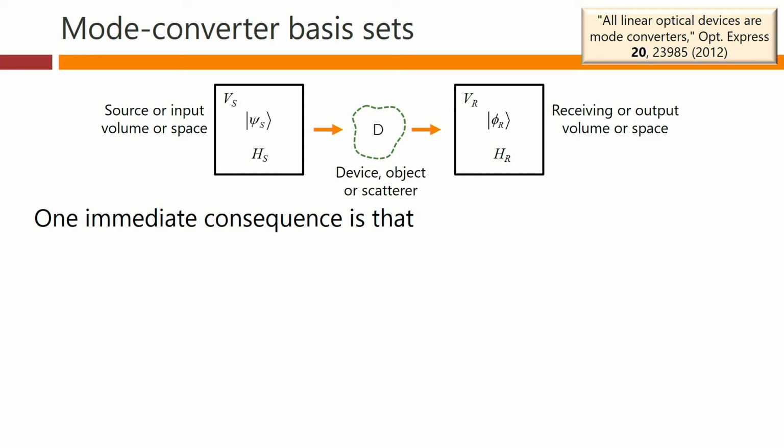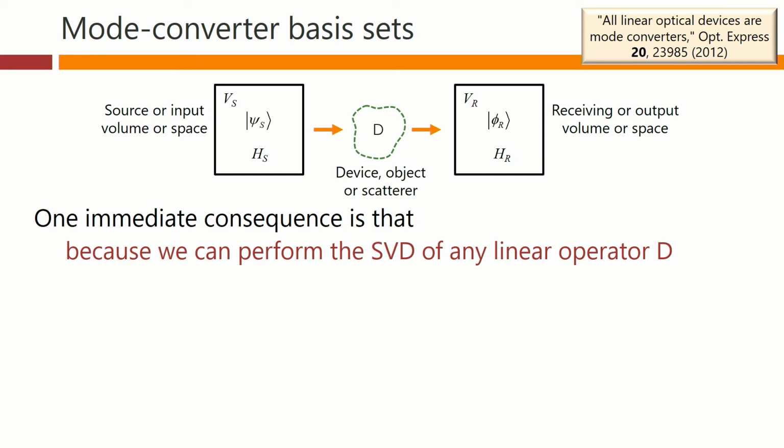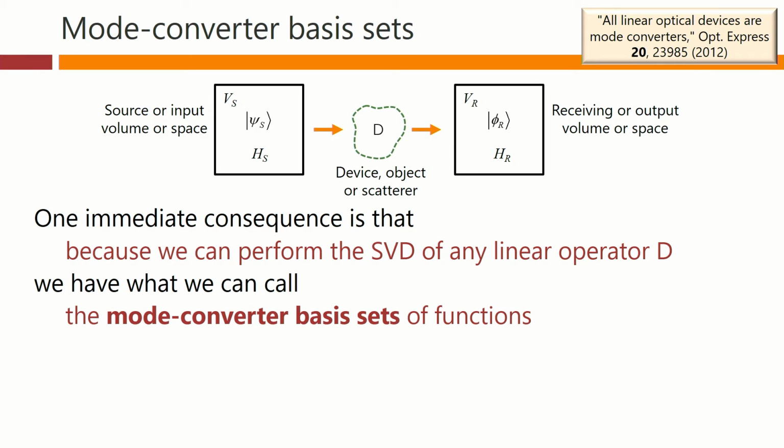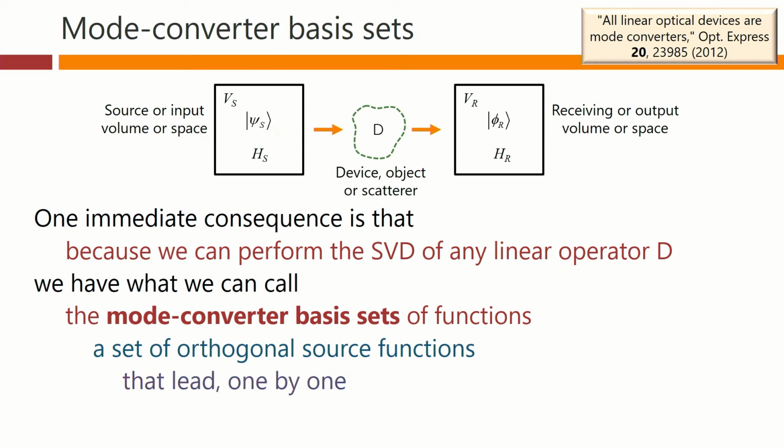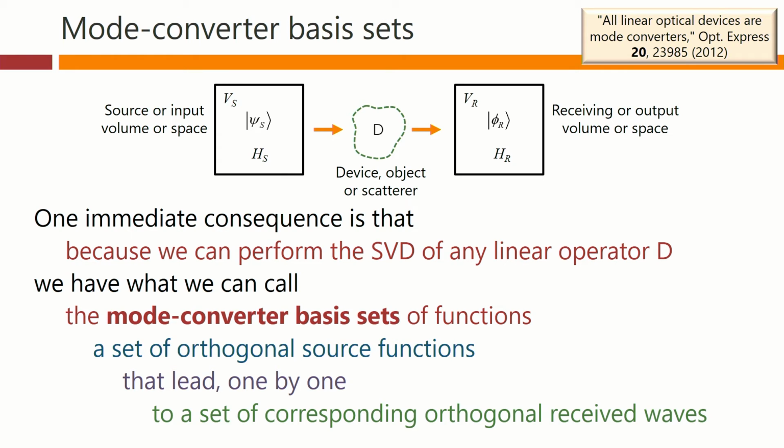One immediate consequence is that because we can perform the singular value decomposition of any linear operator, we have what we can call the mode converter basis sets of functions. These are, first of all, a set of orthogonal source functions, so functions psi s, that lead one by one to a set of corresponding orthogonal received waves, phi r here.